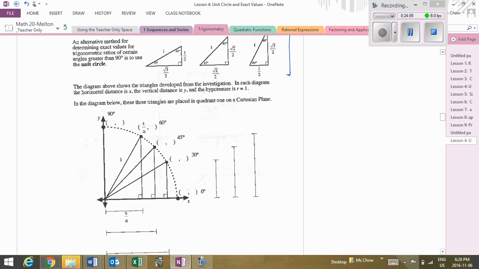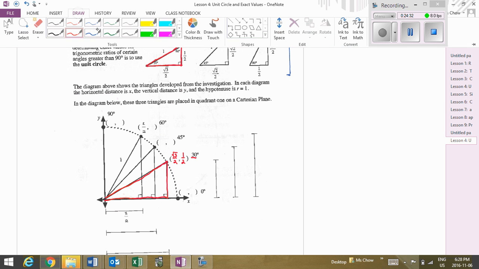So for our 30 degree triangle, or 30, 60, 90 triangle, which is this one, if I trace this out, we can see that the x value is root 3 over 2. The y value is that height, which is 1/2, and that is for 30 degrees.